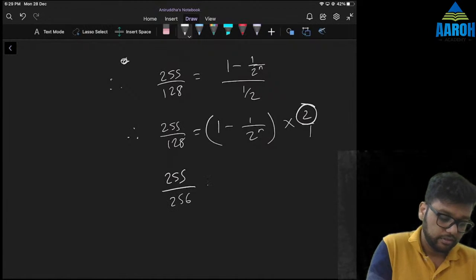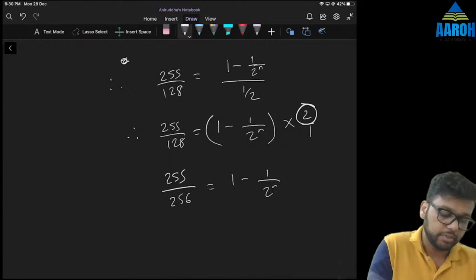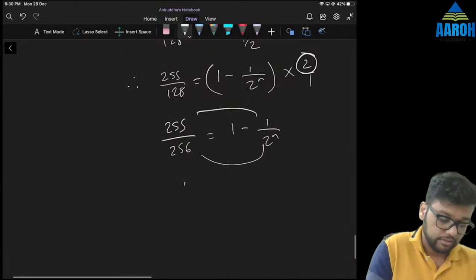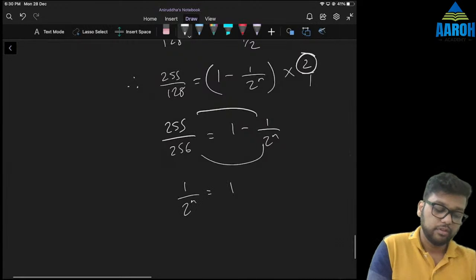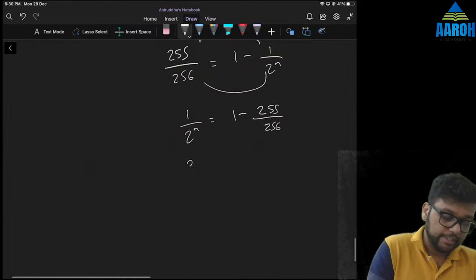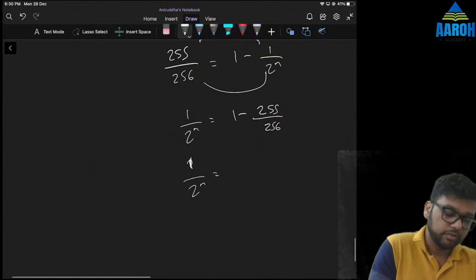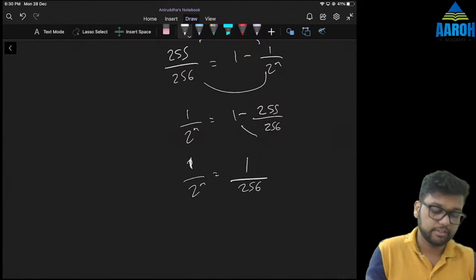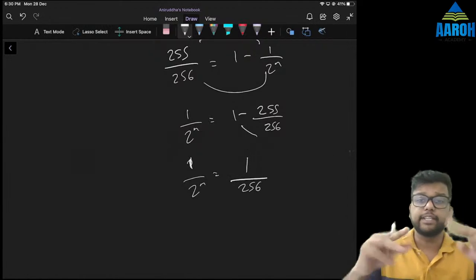256 is equal to 1 minus 1 by 2 raised to n. So 1 by 2 raised to n is equal to 1 minus 255 by 256. Again, let's take LCM. 1 by 2 raised to n is equal to 256 minus 255, which is 1 by 256. Let's take reciprocal of both sides.